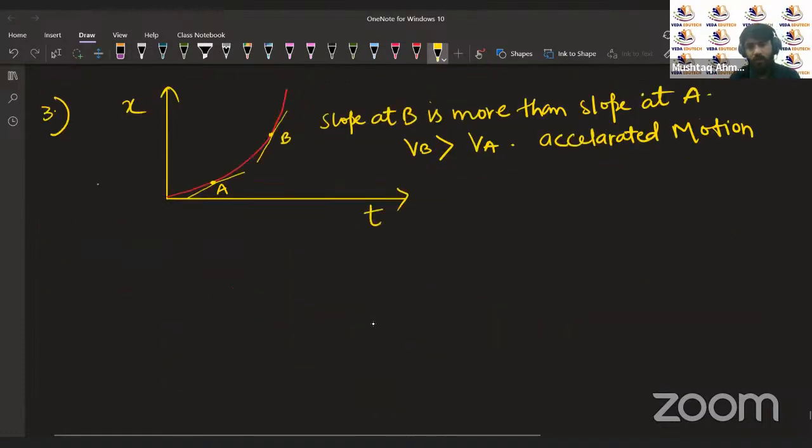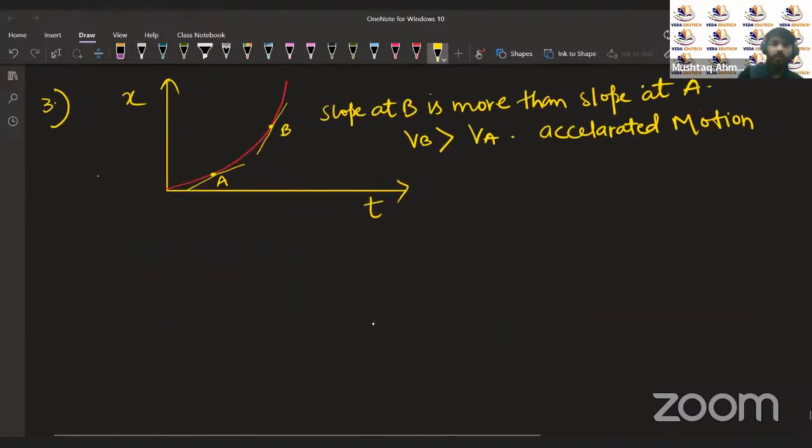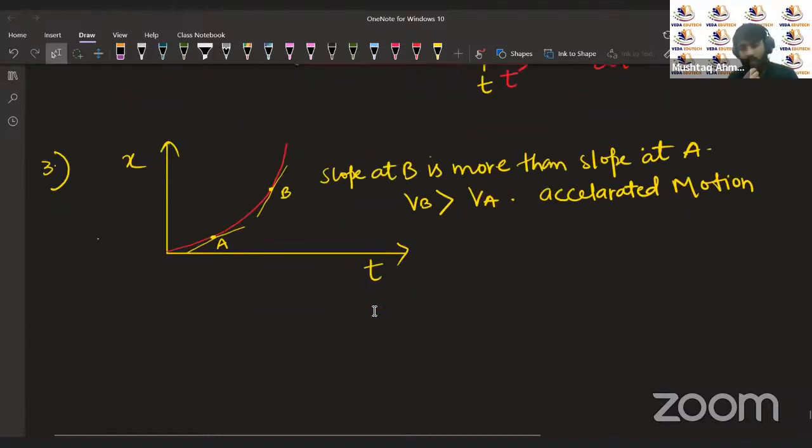The speed at point B is greater than the speed at point A, so the velocity at point B is greater than at point A. It's an accelerated, non-uniform motion. Velocity is not constant.